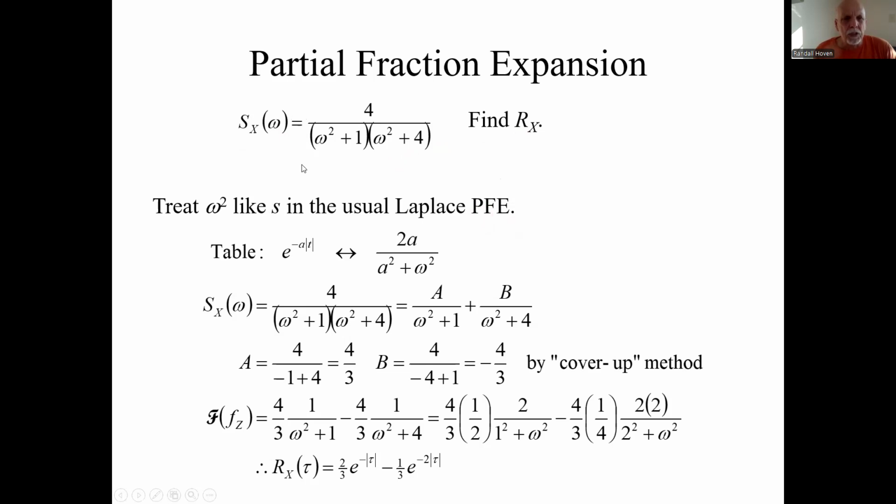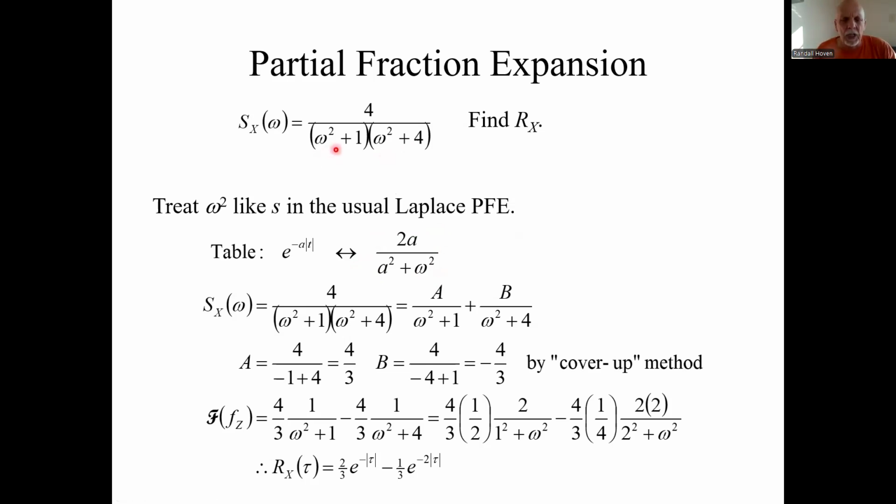One difference is we're going to treat omega squared like we treated s when we talk Laplace transforms. We're still going to need a Fourier transform table to find the individual pieces. And by the way, a physically realizable power spectral density has to be an even function of omega, of frequency.